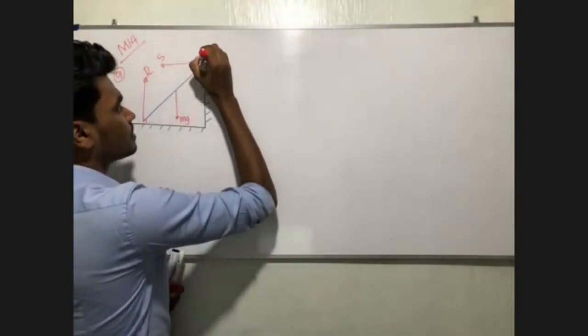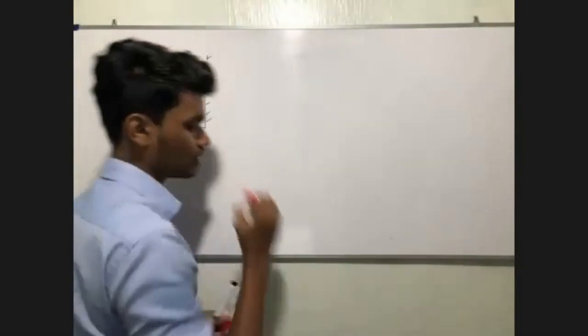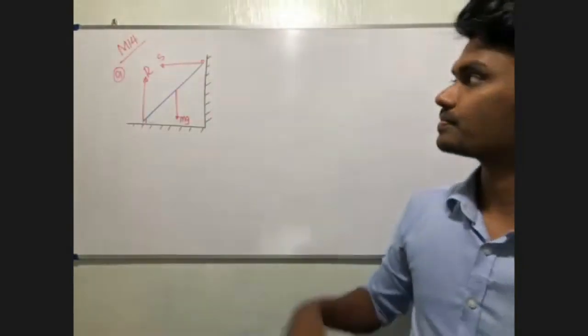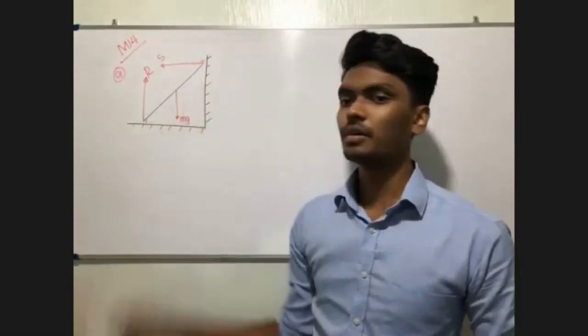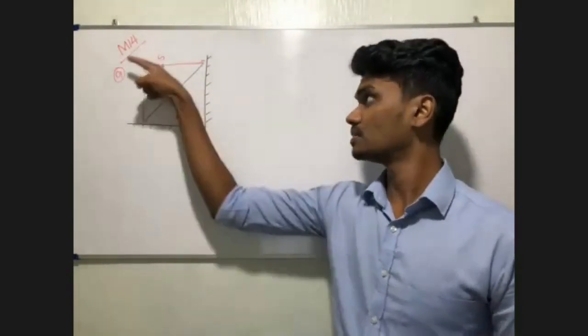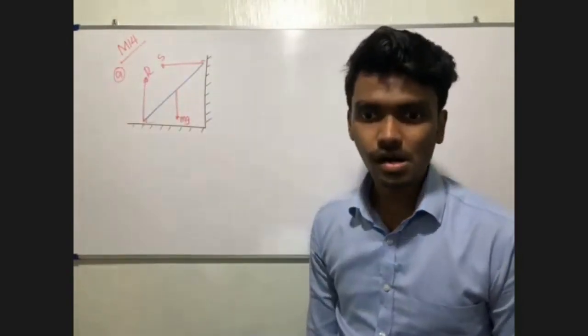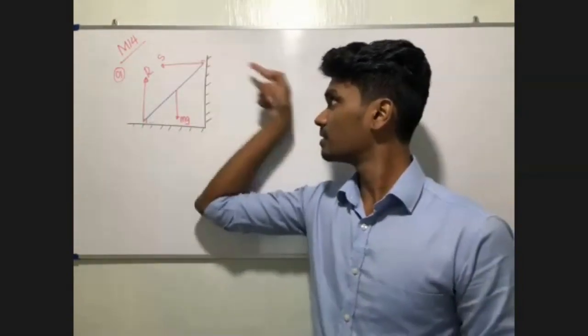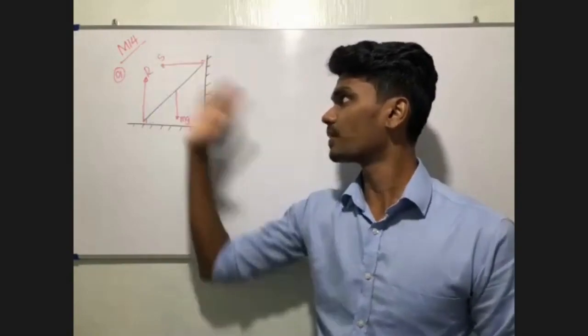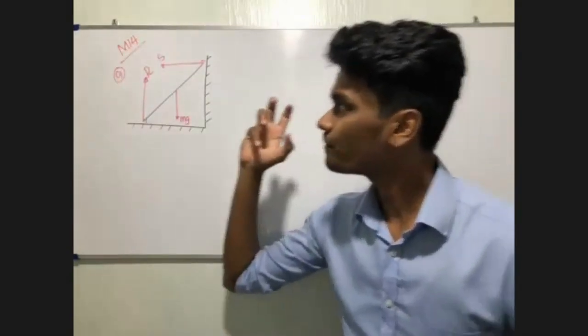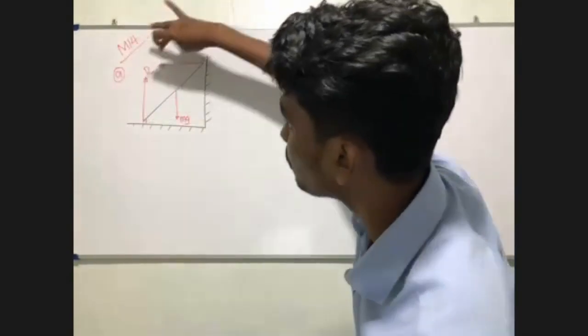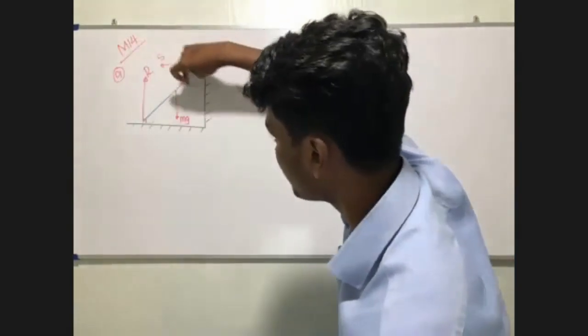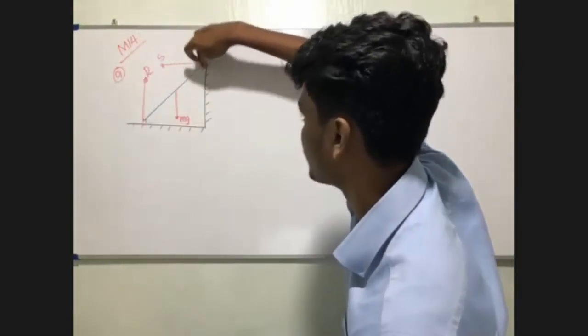S. Isn't it? This is the surface. The reaction is perpendicular to it. Right. These are the only three possible forces that act on this object.